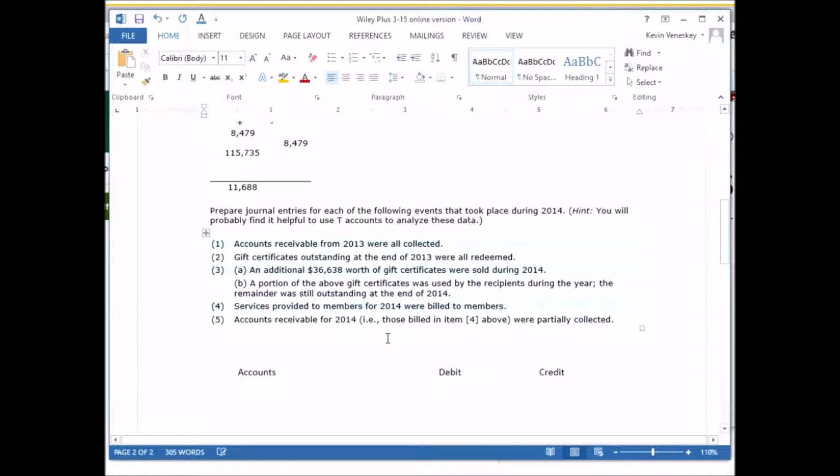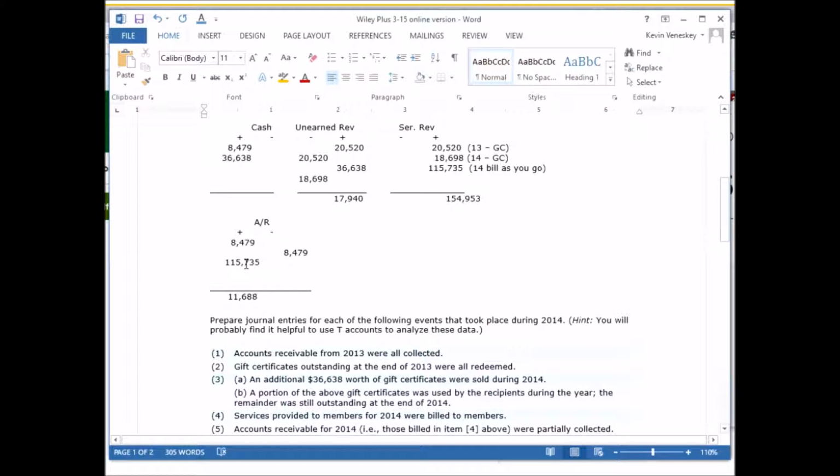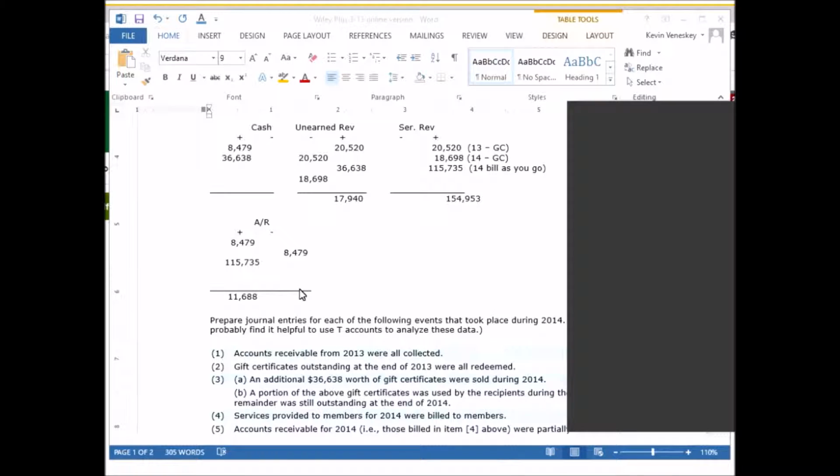Now the last entry: accounts receivable for 2014, those billed just recently, were partially collected. So I need to look at my AR account, and I see that I had a 115,000 balance in my AR, but at the end of the year I only have an $11,000 balance. Much, much better. How much did I actually get in cash? Well, we just take our difference.